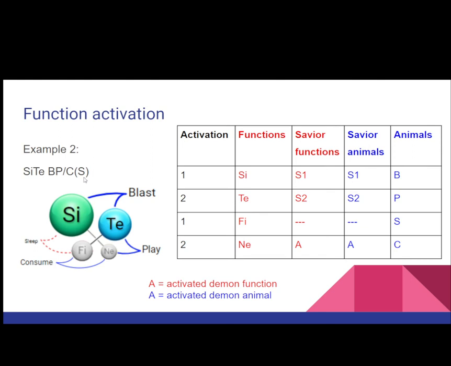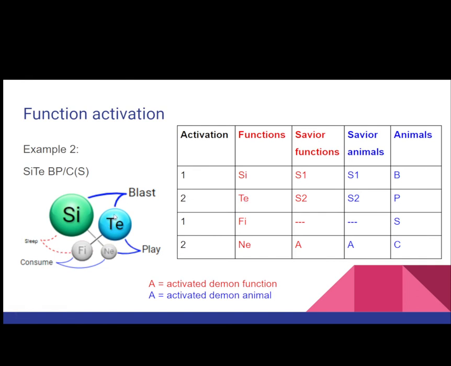Okay, so SI, we can see that that's activated through blast, but look over here. It's not being activated through sleep. It's only being activated once, even though it's the top function.